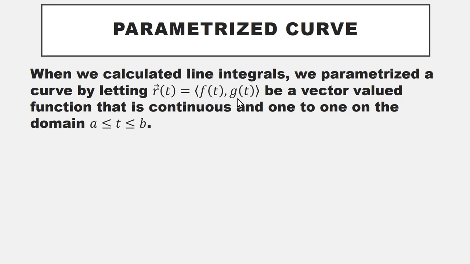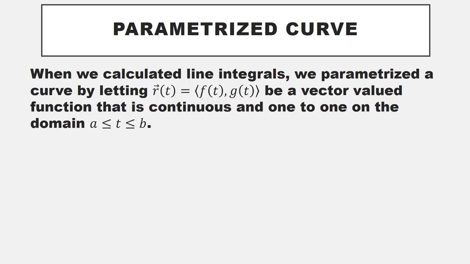Now, I've written this vector valued function in R2, so we have 2 dimensions, but obviously we've also looked at parameterized curves in R3. We viewed the endpoints of this vector valued function as a curve in space.